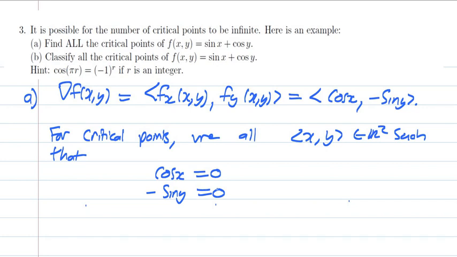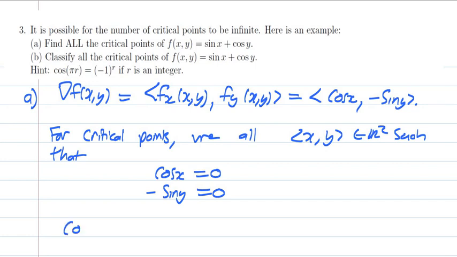So we need to find the general solution of all 2D vectors such that cos x is 0 and minus sine y is 0. Now this is back to first year.